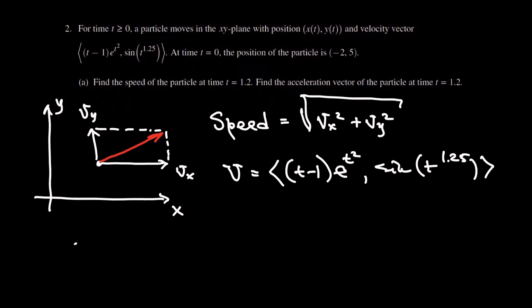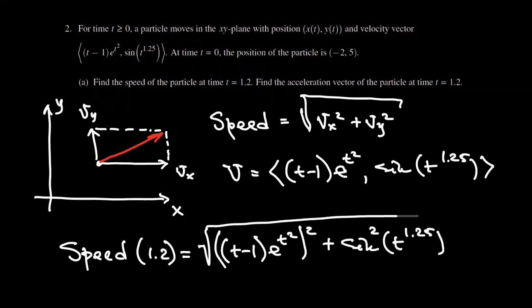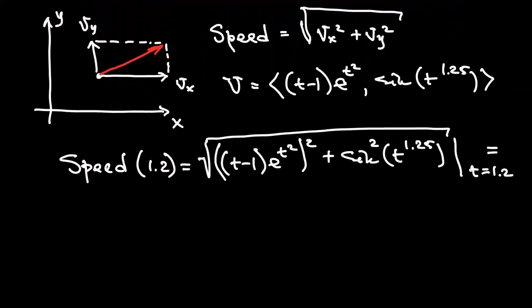And so then we need to find the speed at time t equals 1.2, which is equal to the square root of ((t minus 1) e to the power t squared) squared plus (sine of t to the power 1.25) squared, evaluated at t equals 1.2. And so we need to find this value using our calculators.